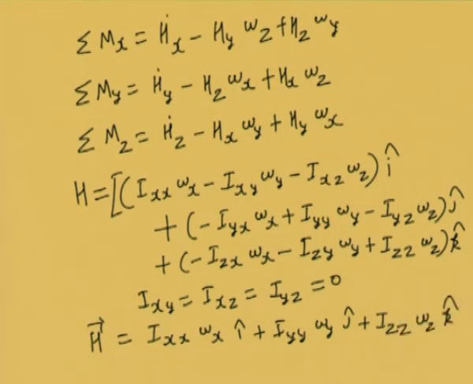You see how simplified it becomes. That is the advantage of finding out the principal axes. The expression has become very compact. Hence, if x, y, z are the principal axes, then the Hx component is Ixx omega x, the Hy component is Iyy omega y, and Hz is basically Izz omega z.